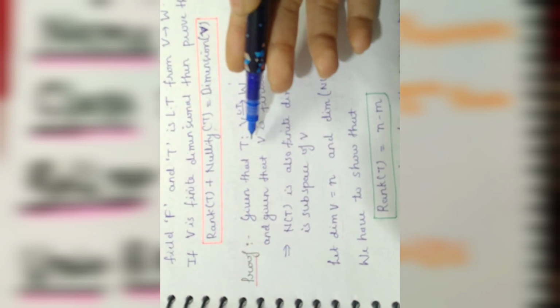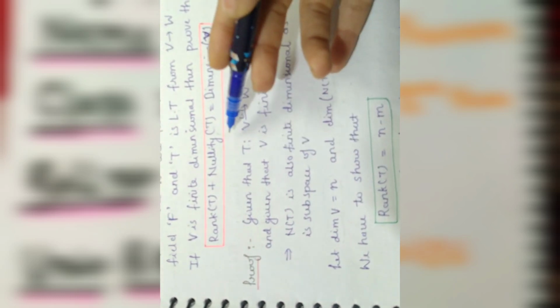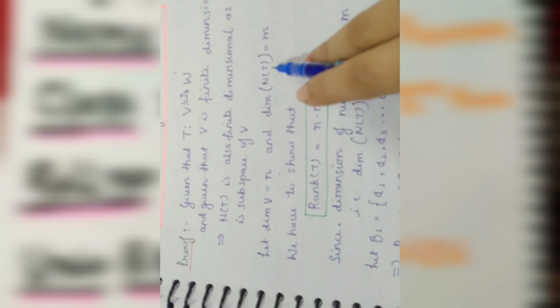So now the proof. We are given that T is a linear transformation from V to W and V is finite dimensional. So NT is also finite dimensional because NT is a subspace of V. We have just proved this in the last theorem. Let the dimension of V be n and the dimension of NT be m.